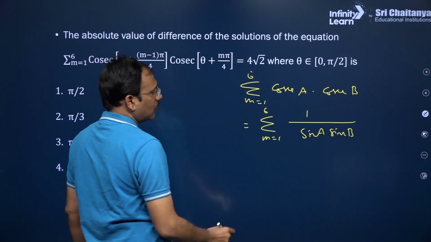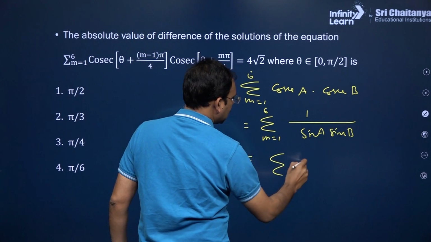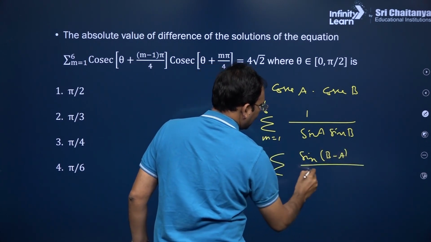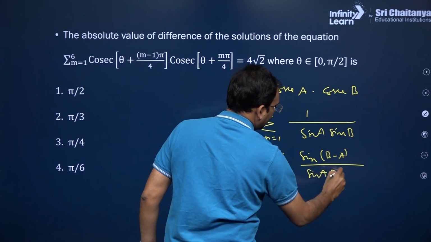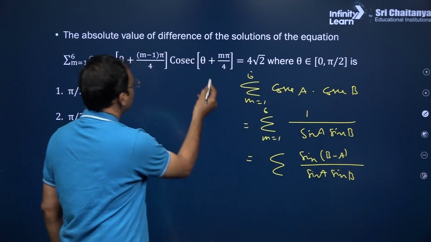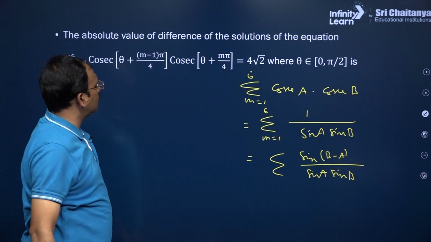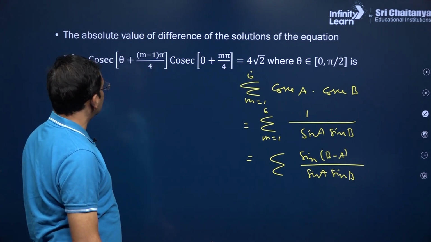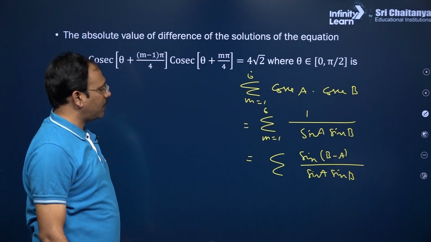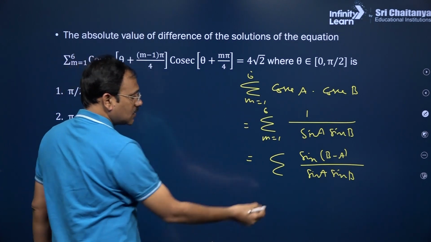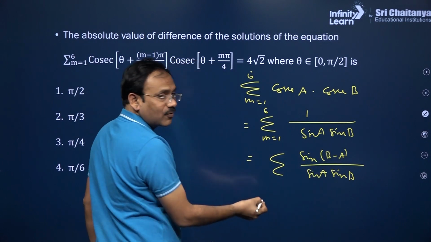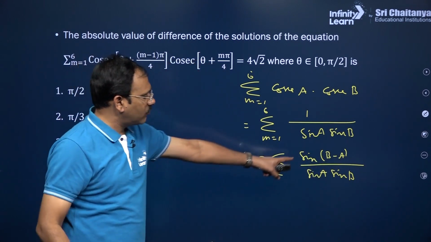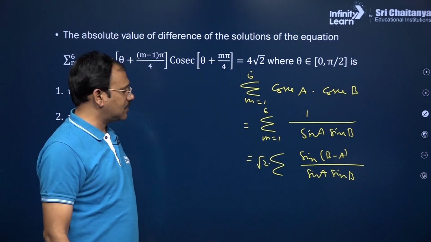So, now in the next step what I write is sigma sin of (B minus A) by sin A sin B. You see friends, what is B minus A? B minus A, if you do, theta gets cancelled, m pi by 4 minus (m minus 1) pi by 4 is pi by 4, sin pi by 4 is 1 by root 2, you just multiply with root 2.